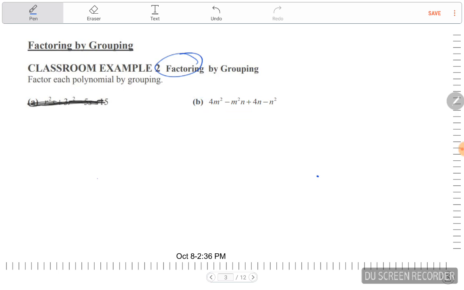But even before I do that, another thing that might prompt you is if you start looking at each one of these terms, you'll notice that they don't have anything in common that you can break out. So like m squared and m squared, but not over in these two. N and n, but not in the other two. And so on. So that's another thing. You're like, okay, what do I do with this thing? Well, you've got something that you can put into groups.